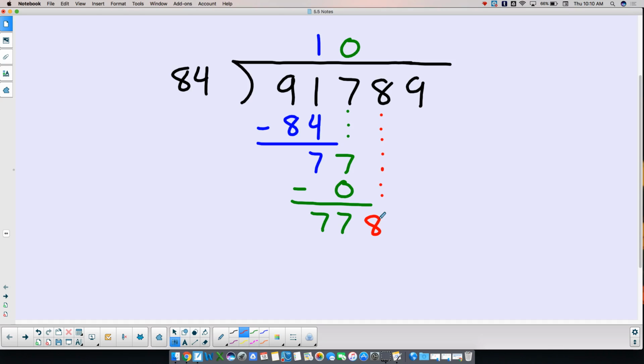Now what? Okay, how many times? 9. 9 times 4 is 36. So that's 6, carry the 3. 9 times 8 is 72, plus the 3 that we're carrying is 75.